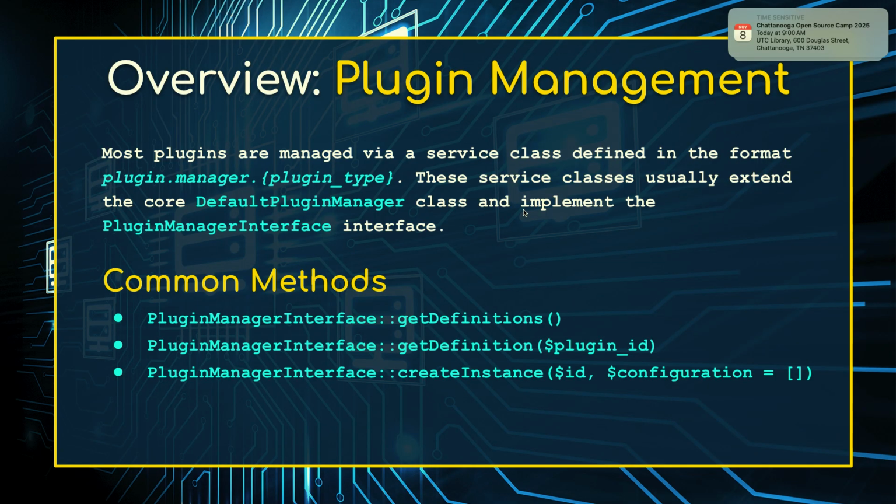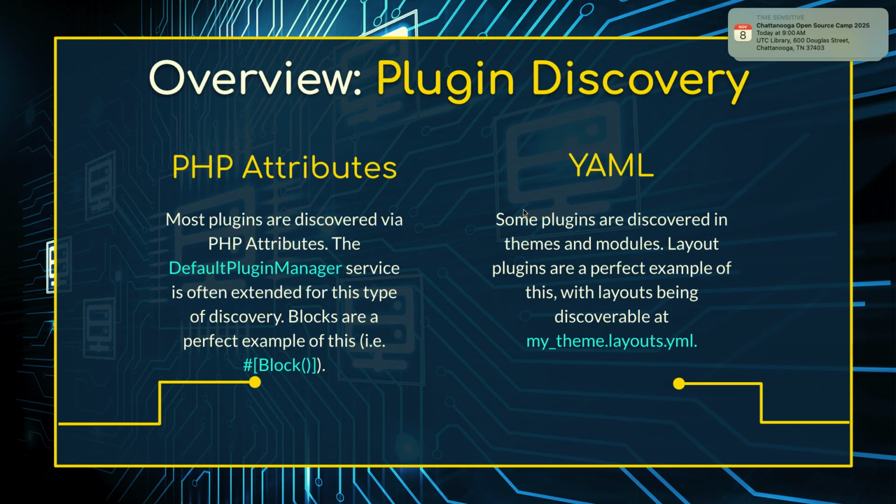Usually YAML plugins don't have configuration, but they can if you set it up that way. And as far as the definitions go, those get defined during the plugin instantiation. So through that create instance method, it will go ahead and list that definition for you when you retrieve it.